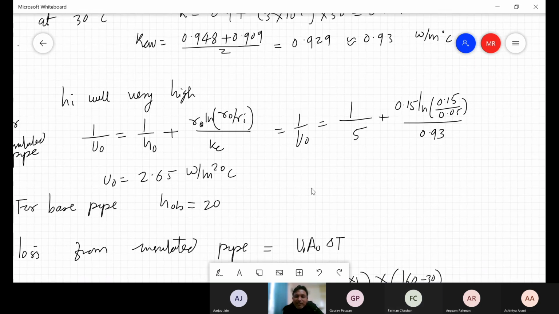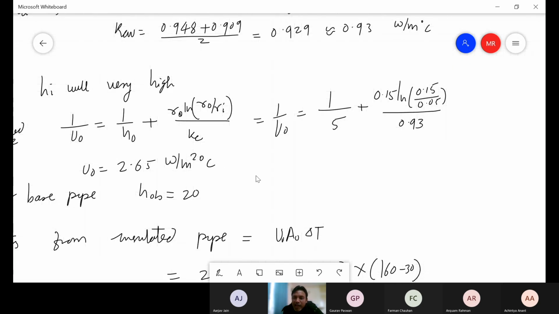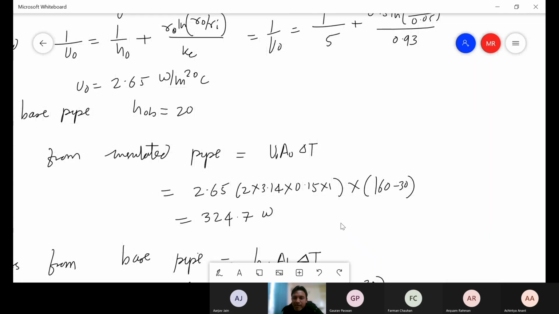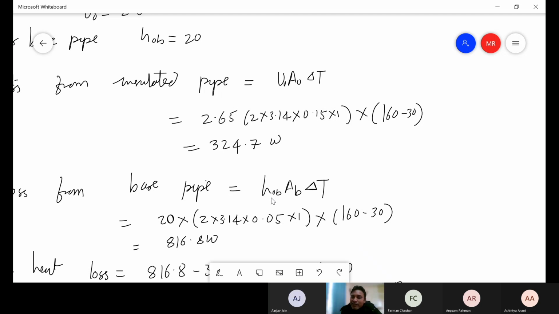In fact, when we are having the insulator, in that case 1 by H_0 plus this insulation resistance we have included, that is going to give me U_0. But where I have used H_0B is when I have used the bare pipe. Remember? So when I do not have any insulator, in that case only H_0B will be there. Ideally, I should have H_0B and the effect of H_i included.